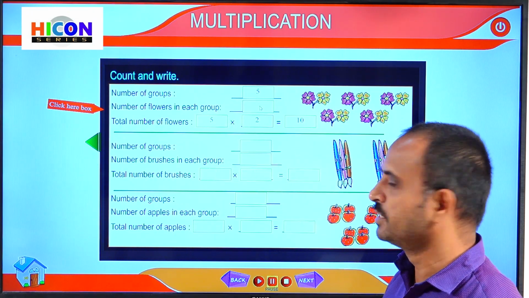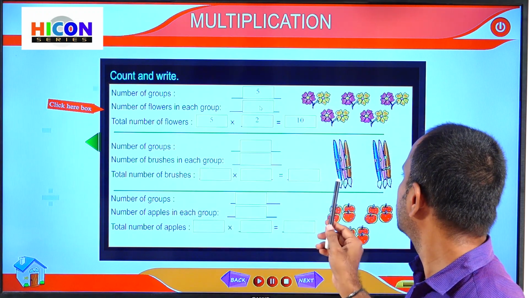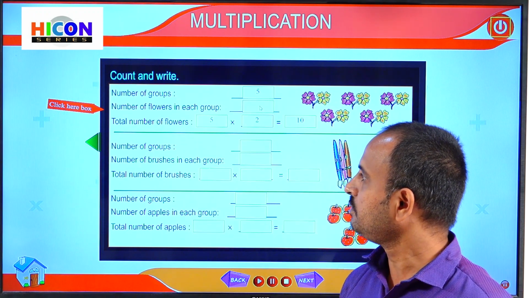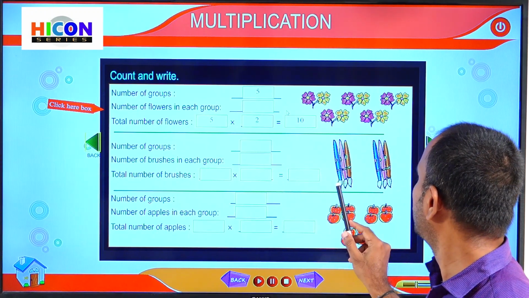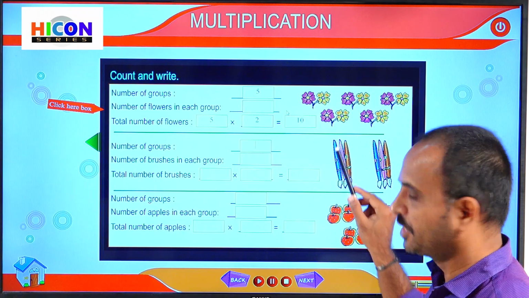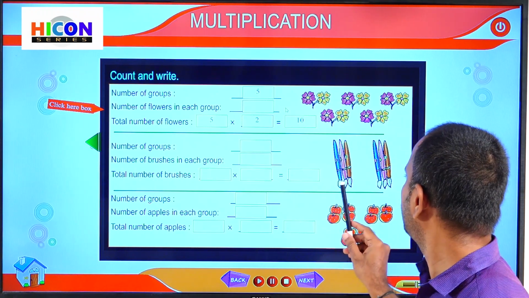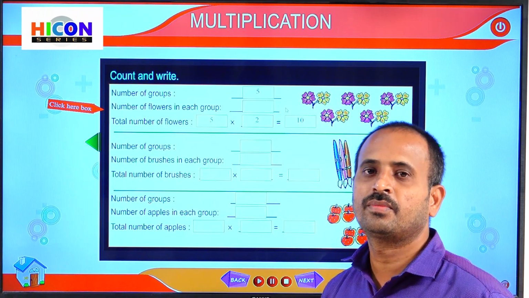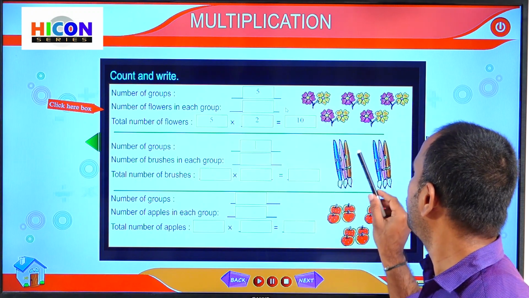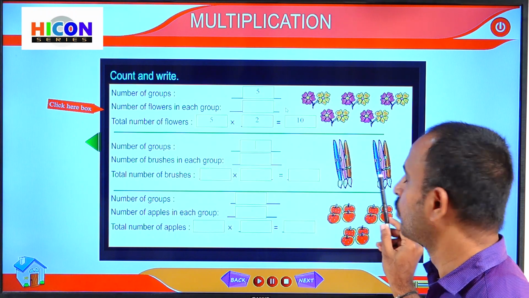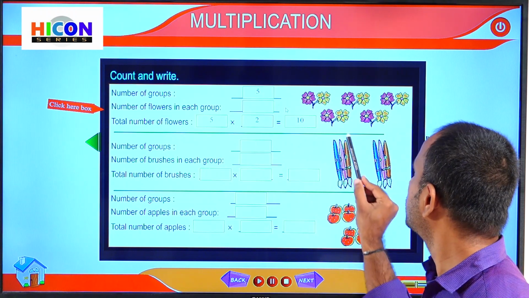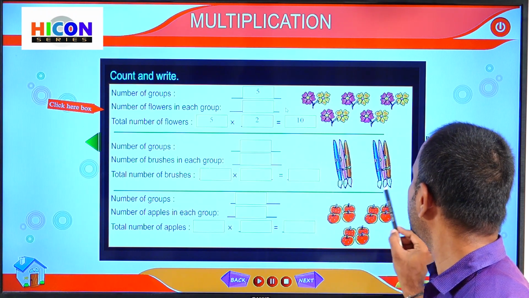So children, in this way, write the answer for the second problem. What is the second problem? Here you are observing some paint brushes. How many groups of paint brushes are there? You are observing 2 groups. This is the first group, this is the second group.